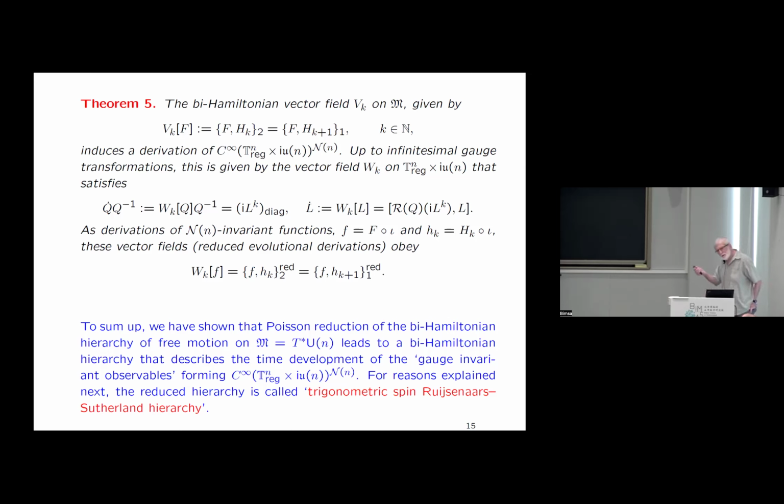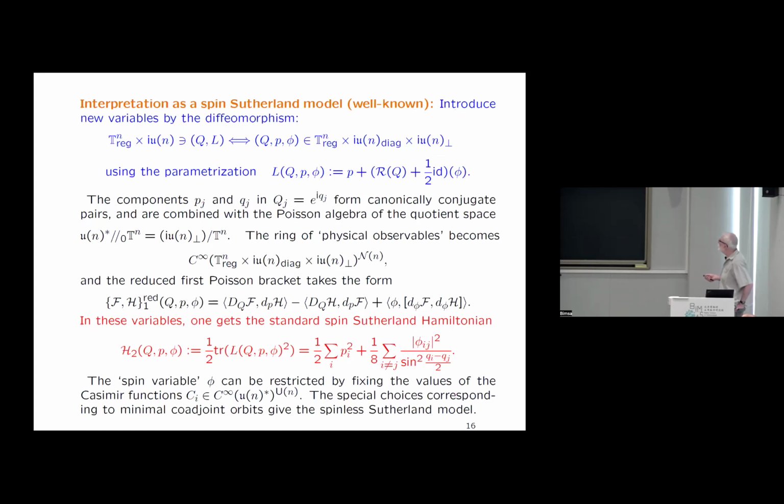But of course, this is only more interesting if we can find some physical interpretation for this system. And now this comes next. How is this related to known systems? I have two interpretations which are related to changes of variables. For the first interpretation, remember that this gauge slice S is this manifold, an element QL, where Q is diagonal unitary and L is just an arbitrary Hermitian matrix.